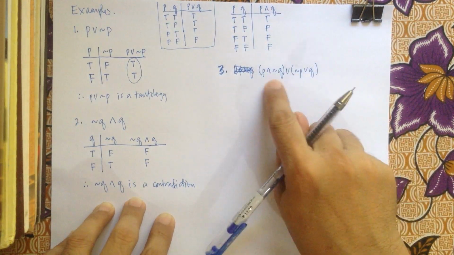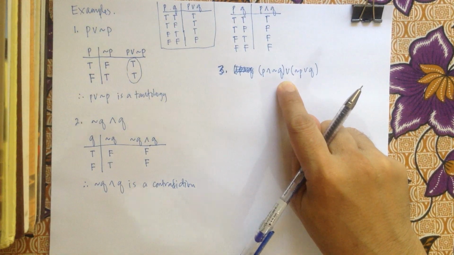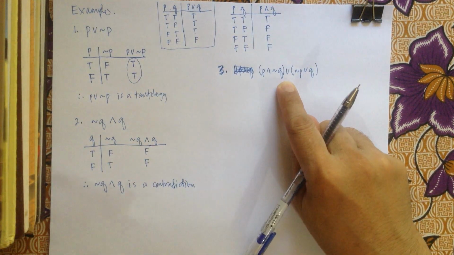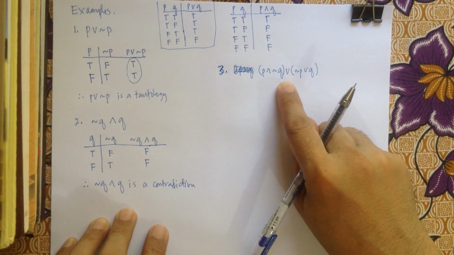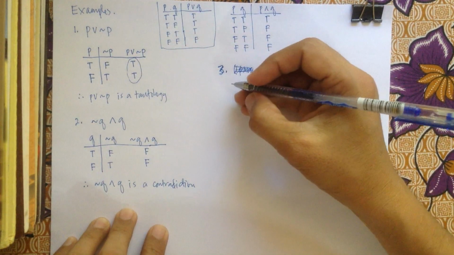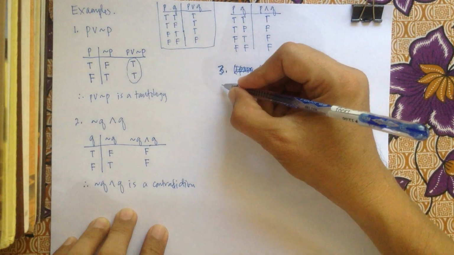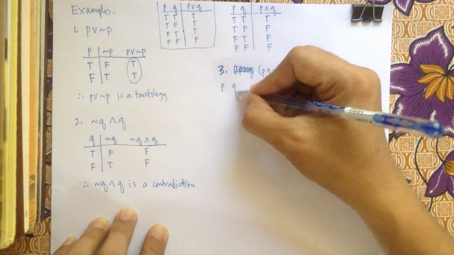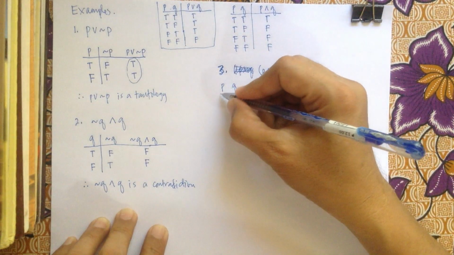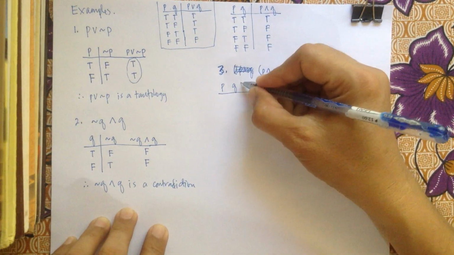How many propositional variables are there? There are actually P and Q. So there are 2 propositional variables. That means that we have how many combinations for the truth values of P and Q? Let's see.